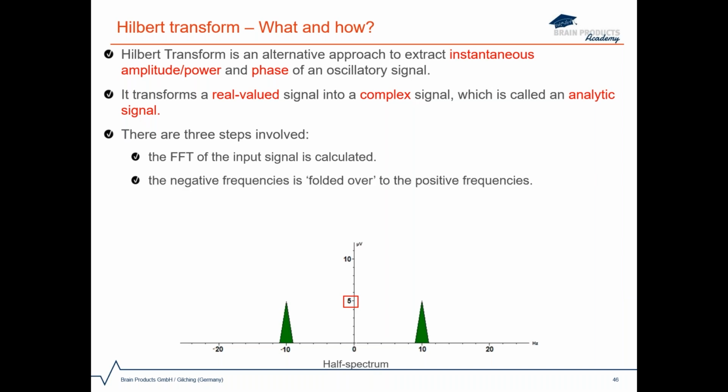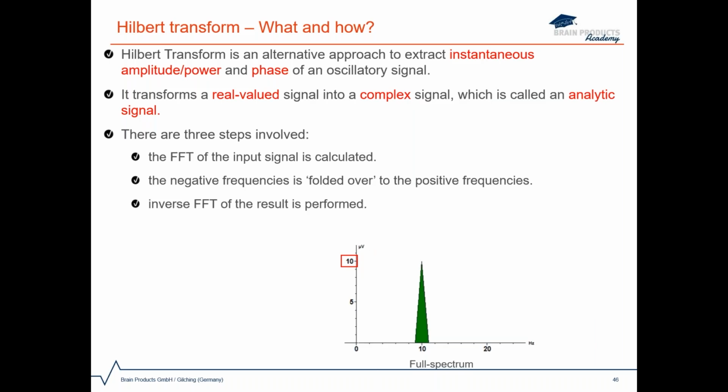So in the second step, to keep the signal energy, these redundant negative frequencies will be folded over to the positive frequency values by computing its full spectrum. What we get is the same frequency component at the same frequency band with an amplitude that's exactly the same as the amplitude of the original signal.